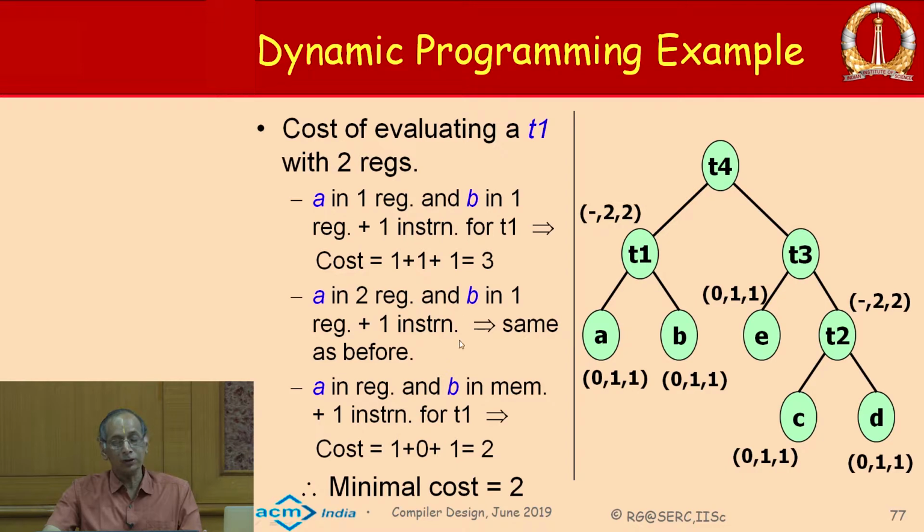Now, let us look at an interesting possibility which we have not seen before. Remember, when we did code generation for trees, what did we say about the labeling algorithm of Sethi-Ullman? There are 2 subtrees.